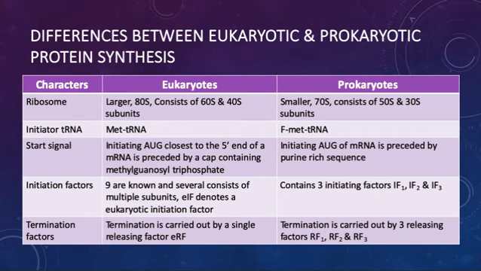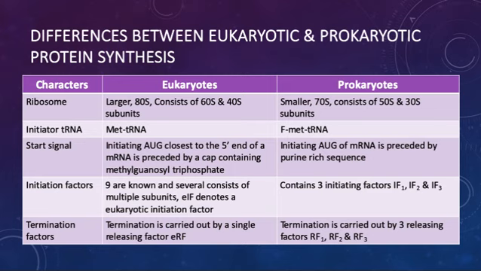Whereas in the prokaryotes, it is smaller, a 70S ribosomal unit made up of 50S and 30S subunits. The initiator tRNA is methionyl tRNA in the eukaryotes, whereas in the prokaryotes it is formyl methionyl tRNA.